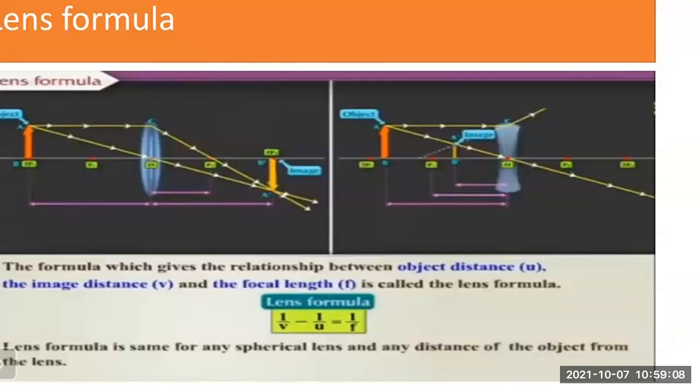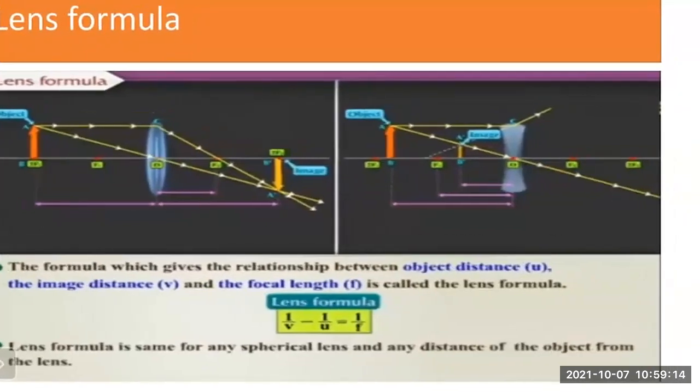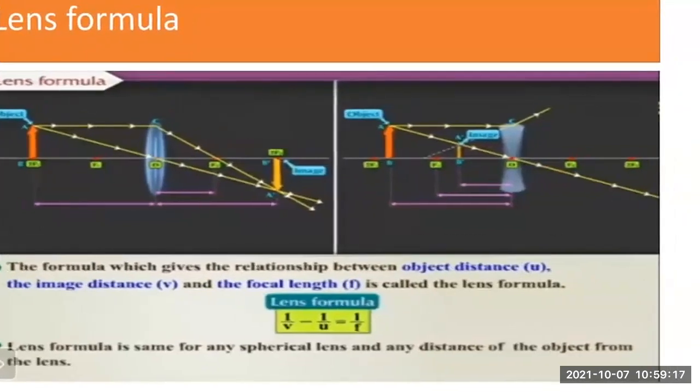Got it? So if you observe the ray diagram here, you will see how this formula is prepared, both for the convex lens as well as the concave lens.